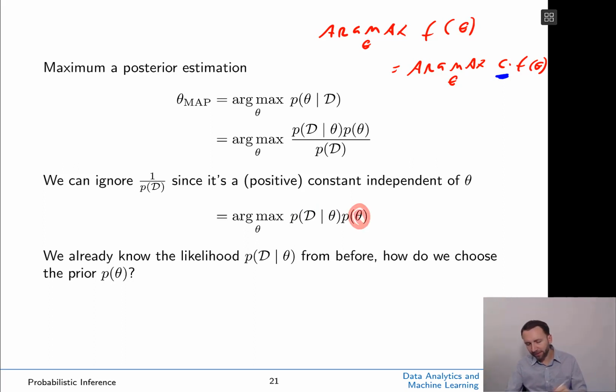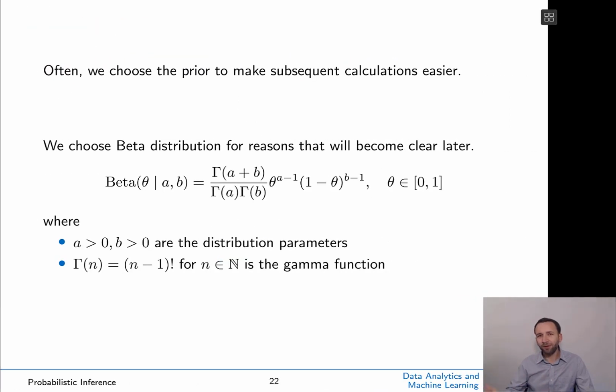But what is this prior here? We said so far that this is very subjective. We can pick different choices, whatever function we're interested in. But as it turns out, there are some functions which make our life easier. And this is what we want to look at in the following, because we usually want to have an easy life. And one way in this case of the coin flip example, in this Bernoulli case, is to pick the prior distribution to be a so-called beta distribution.